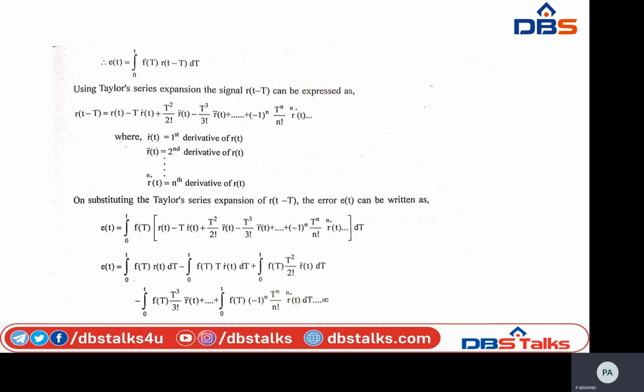See, here from the starting we have a positive sign, and the second term we have a negative sign, again positive and negative sign. So the signs are alternating.